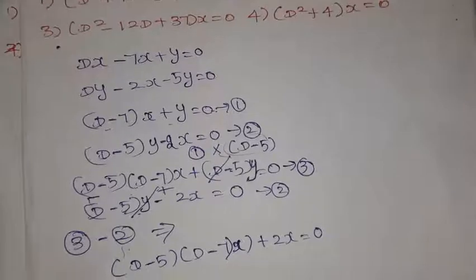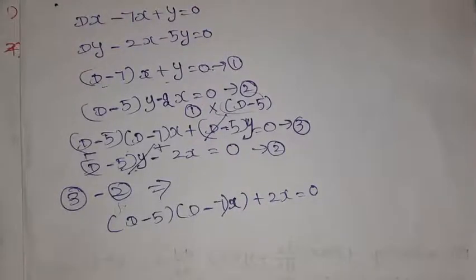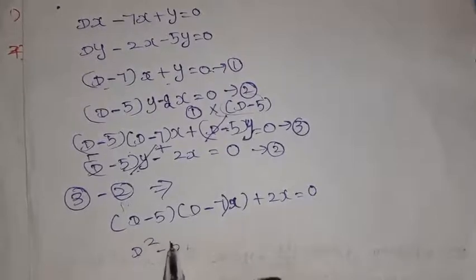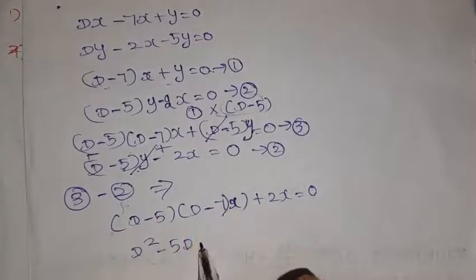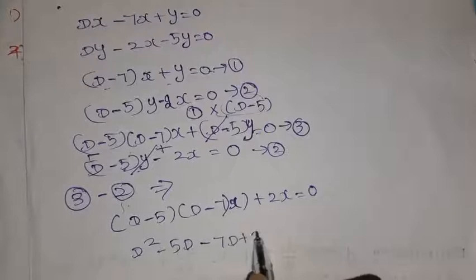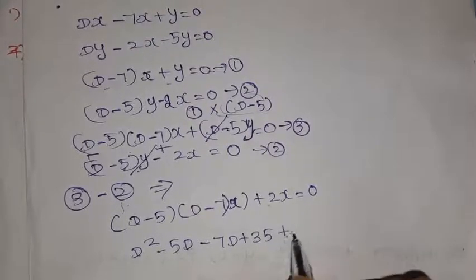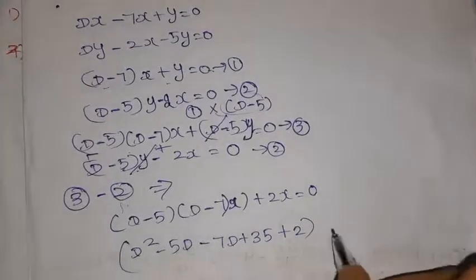Now we multiply inside and solve. D squared minus 5D, again minus 7D plus 35, plus 2, x is common, equal to 0.